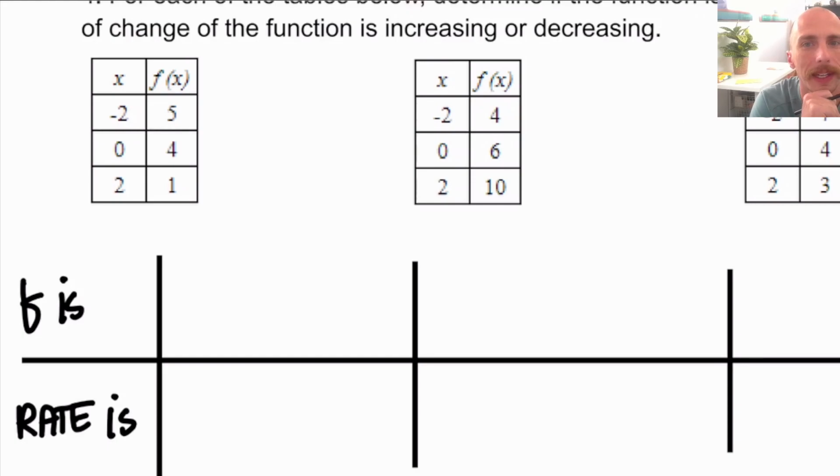In fact, all of these tables are going to have x being -2, 0, and 2. But I think it would be best just to look at the first order differences and the second order differences, and as long as the table is arranged with x increasing, we can just look at the sign of the first order and second order differences, kind of like we looked at the values of the first and second differences in Algebra 2. But let's just get to it.